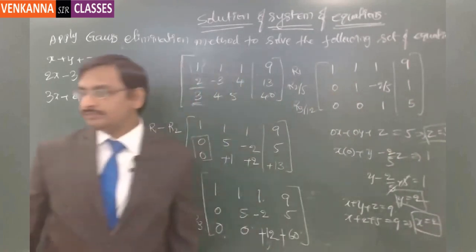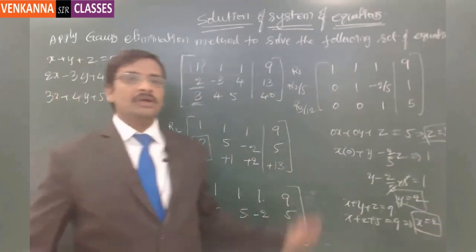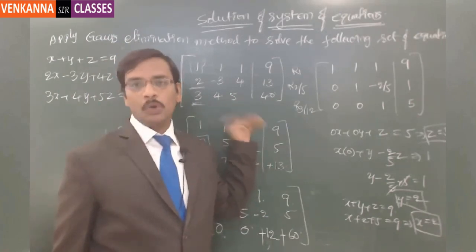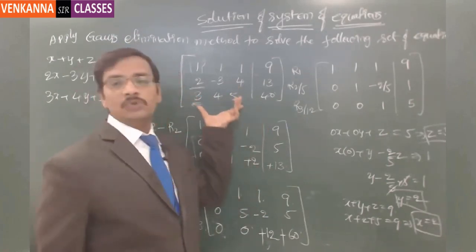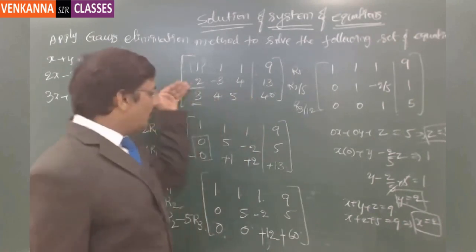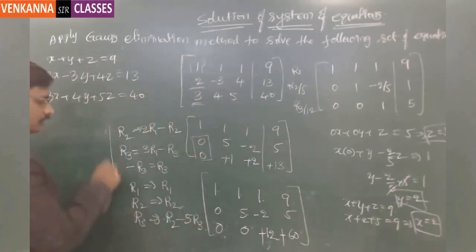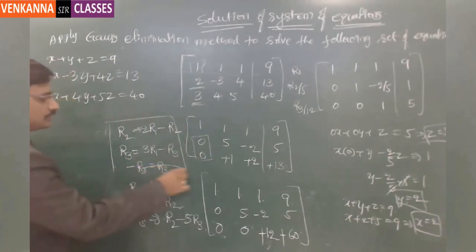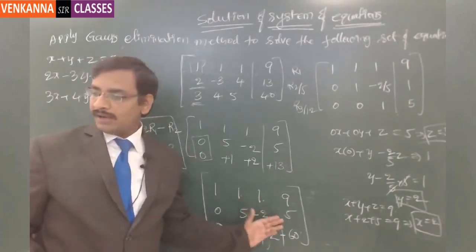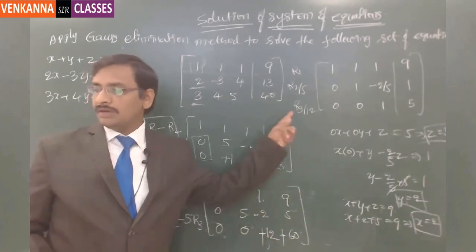Got it? So here we will be virtually forming a matrix in our computers in programming. This is kind of a two-dimensional array for us. In the two-dimensional array, we will follow this procedure, subsequently make the zeros, then slowly substitute back, and bring it to the final solutions.